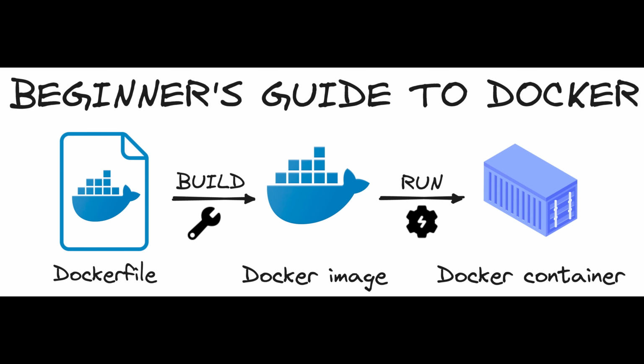We know very well that the source of a container is an image and the source of an image is a Dockerfile. So we have covered and discussed in detail containers and images, and today we will be discussing in detail what a Dockerfile is, how to create a Dockerfile, and all the commands used in a Dockerfile.